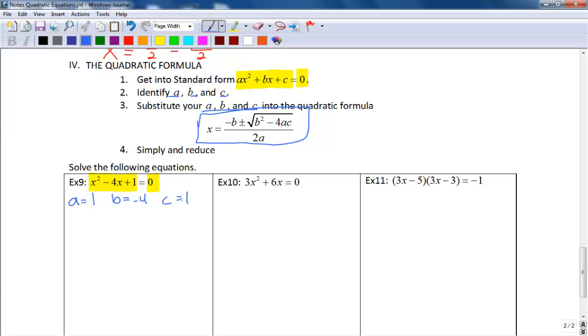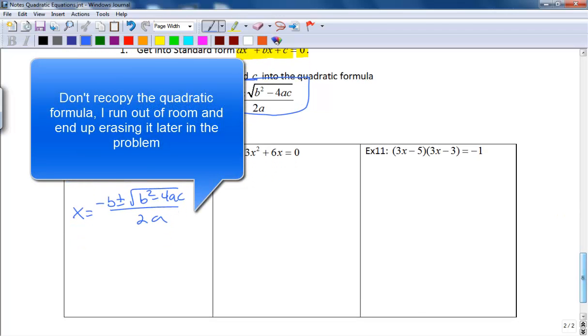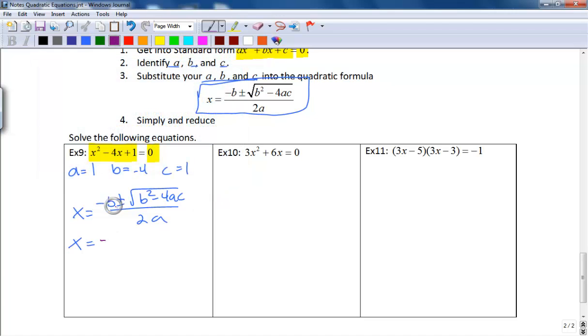Now I just have to substitute it into the quadratic formula. So let's plug in what we know. So x is equal to, well, instead of negative b, I'm going to write negative, well, what's b? B is negative 4, so the negative of negative 4 plus or minus the square root. And instead of b, I'm going to write what b is. Again, that's negative 4, quantity squared, minus 4. Instead of a, I'm going to write what a is, happens to be 1.